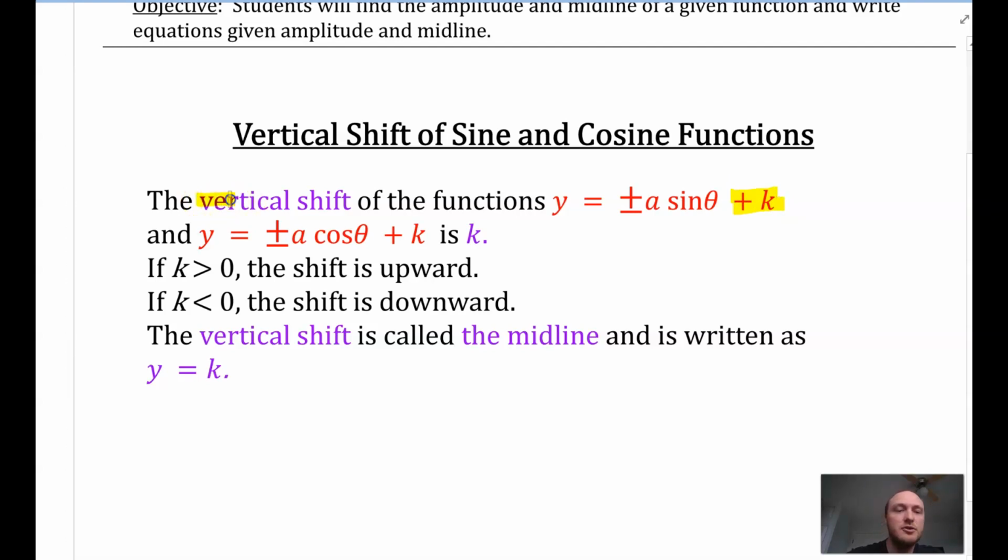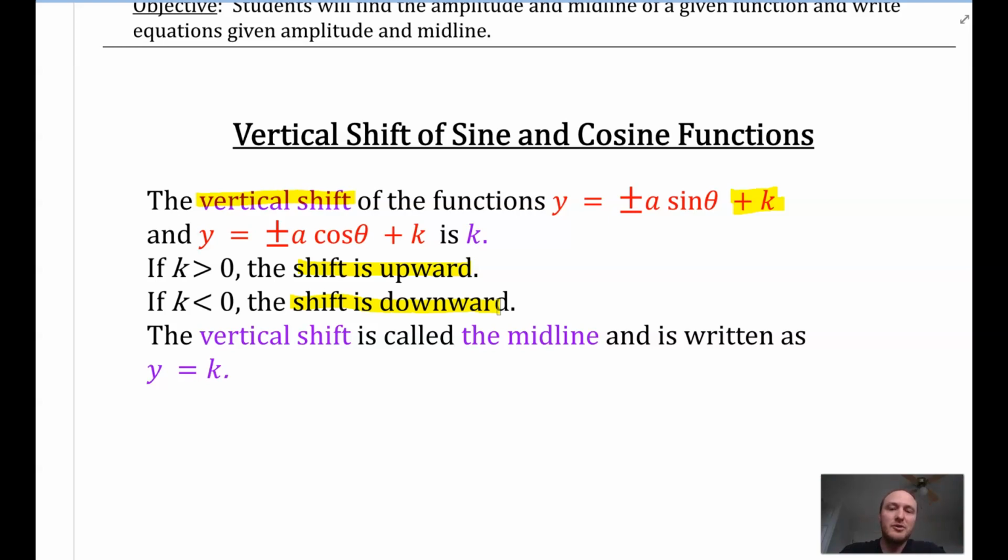If it's positive, it's going upwards. If it's negative, it's going downwards, and this makes very much sense. We've been working with vertical shifts all year, and you've been doing it since Math 1, and that's what it does, right? If it's positive, it's going to make the graph go up. If it's negative, it's going to pull the graph down.